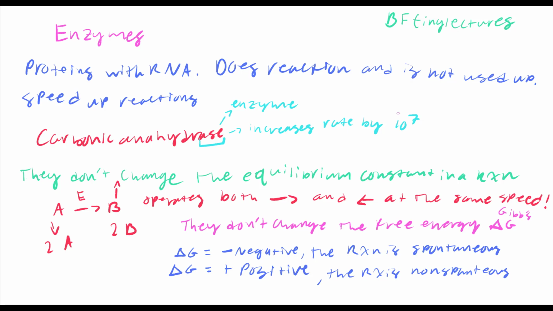Sometimes you want to do a reaction, right? But you don't have enough energy to do it. And enzymes are like a little pick-me-up that allow you to do the reaction in the first place, okay? And whenever that happens, it actually speeds up the reaction, okay? Because enzymes lower the activation energy.